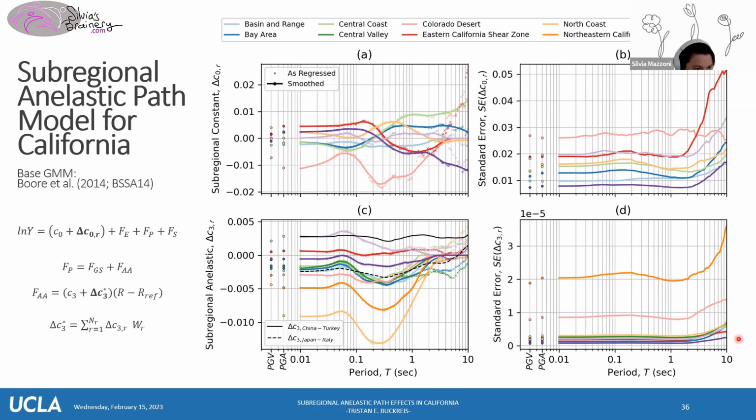Maybe it could help to give this one color and draw an arrow so that term now goes here, right? Because that's what we're interested in, the path effect. Now you're splitting the path effect into the geometric spreading and the anelastic attenuation. We're not looking at geometric spreading here. We're only looking at the anelastic attenuation.